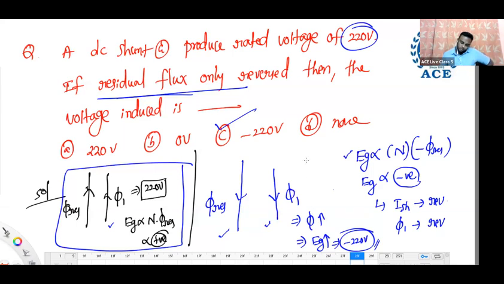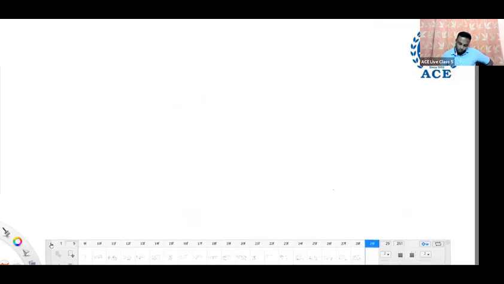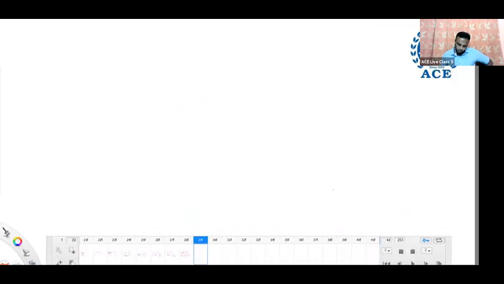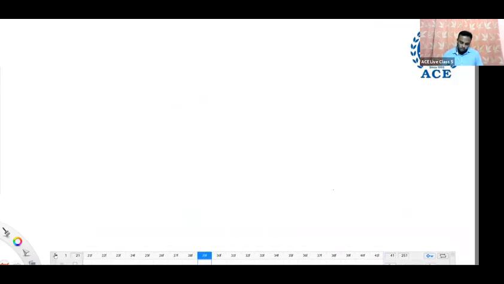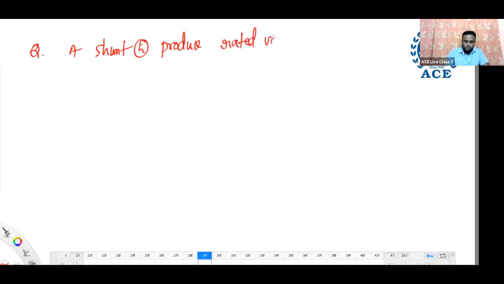Okay, one more question, the last question in this. Try to answer. A shunt generator produces a rated voltage of 220 volts.